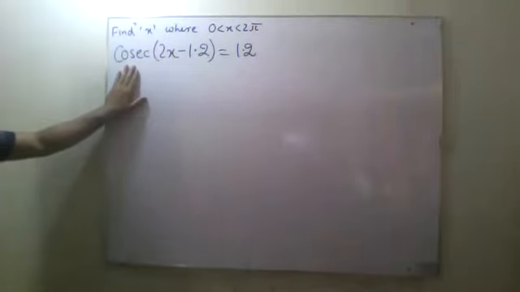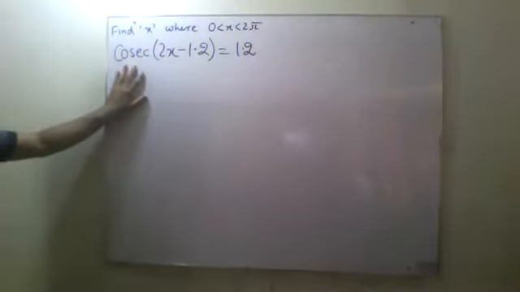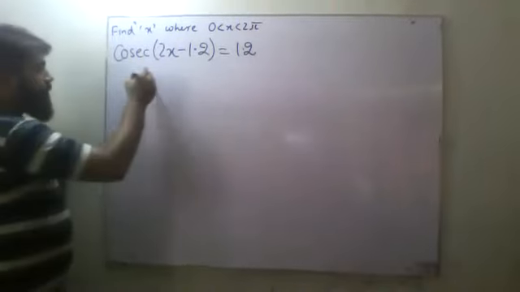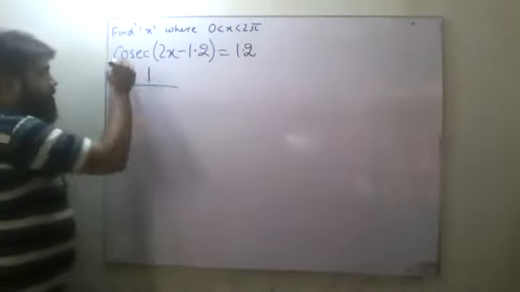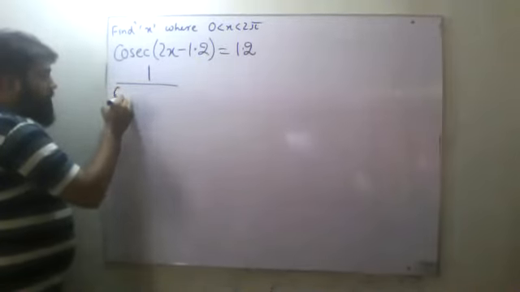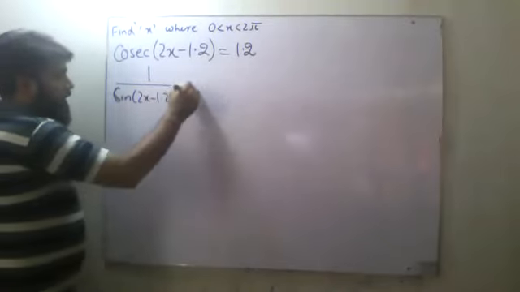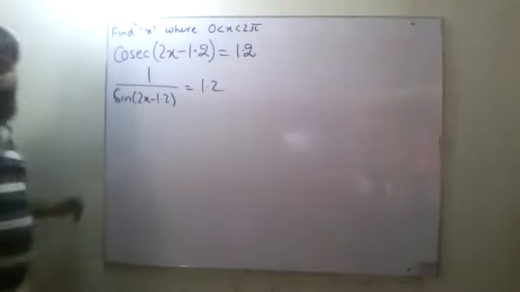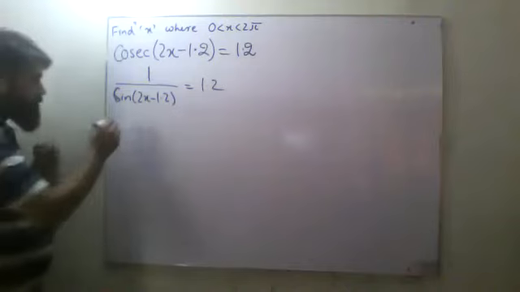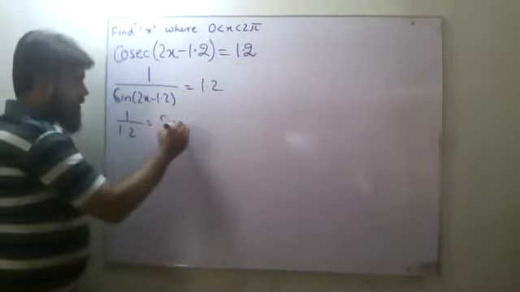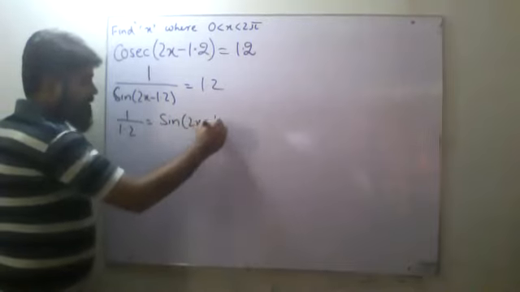First of all, it is cosec x, and we can't use a calculator to solve cosec or sec or cot. So I will write it in reciprocal form: 1 over sine(2x minus 1.2) equals 1.2. So 1 over 1.2 equals sine(2x minus 1.2).